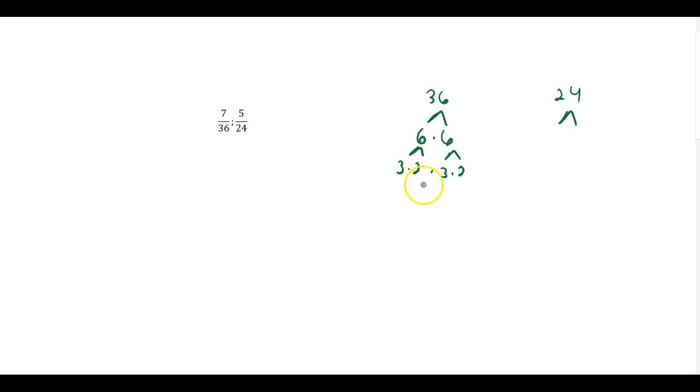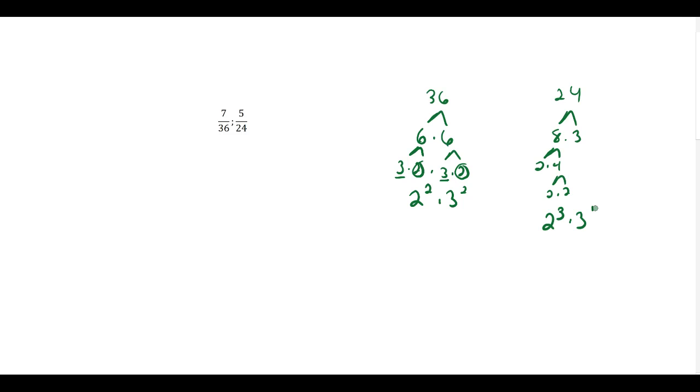So 36 actually factors down into 2 squared, because I've got 2 2's, times 3 squared, because I've got 2 3's. Now we're going to do the same thing for 24. That's 8 times 3. That's a 2 times 4. And 4 is 2 times 2. So notice with 24, I actually have 3 2's and 1 3.